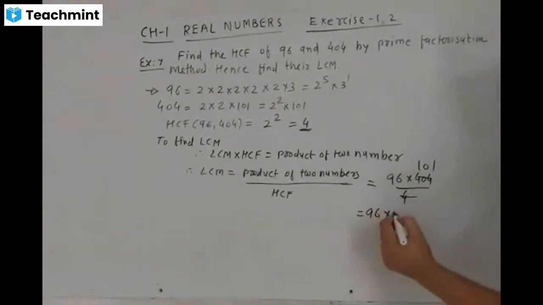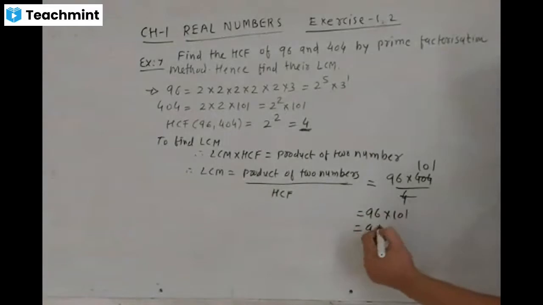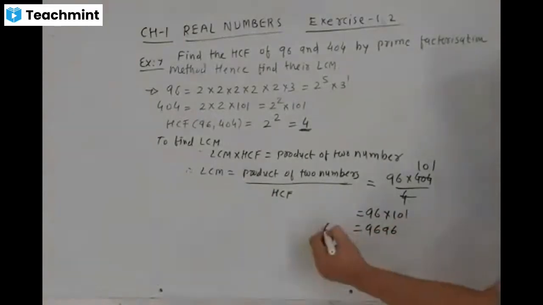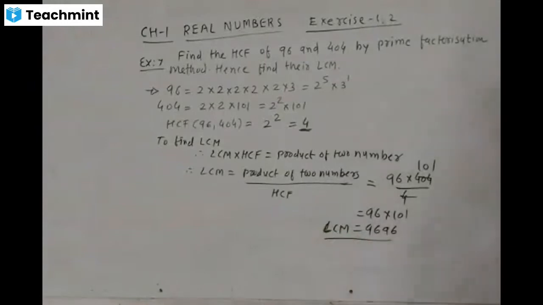That is 96 into 101, which is 9696. So the LCM of the two numbers is 9696.